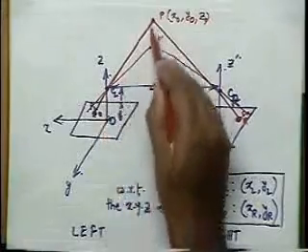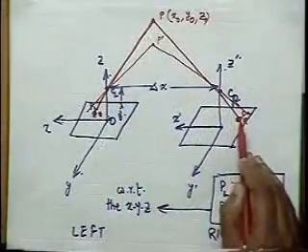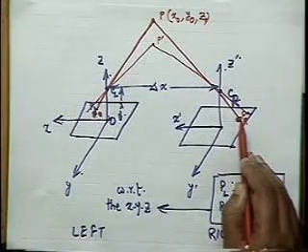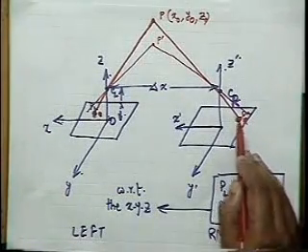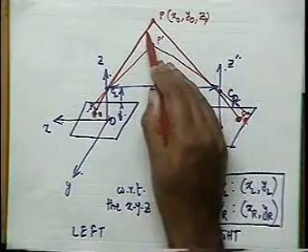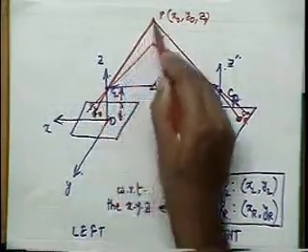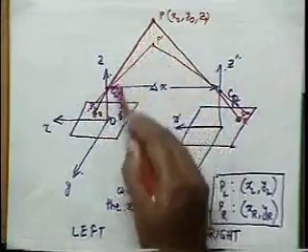Obviously one physical constraint that comes about is that the corresponding image point PR in the right camera, its position in the three-dimensional space should be lying somewhere on this particular straight line.